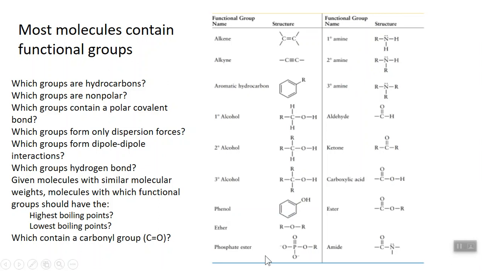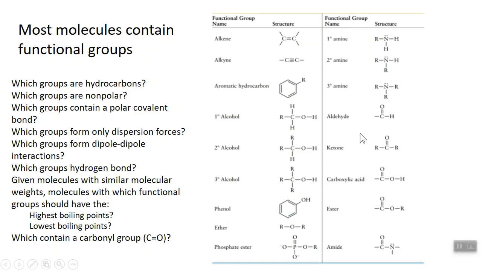The phenol and the phosphate ester, like I said, are going to react a little differently, but in general, these are a carbon singly bonded to a functional group. And so these are polar covalent bonds. They form hydrogen bonds because you have that electronegative element directly bonded to a hydrogen. And so they're going to have relatively high boiling points and melting points, especially compared to these hydrocarbons up here.